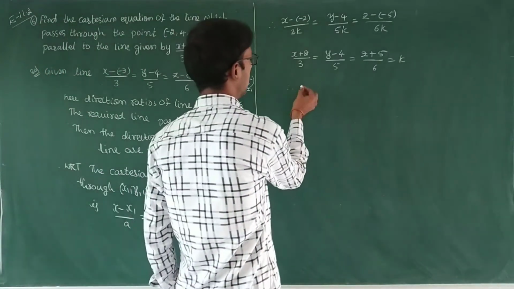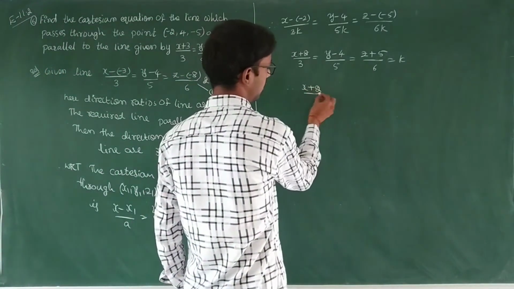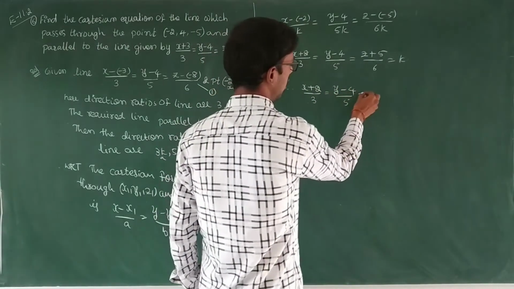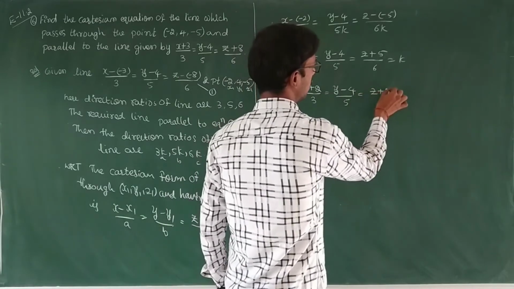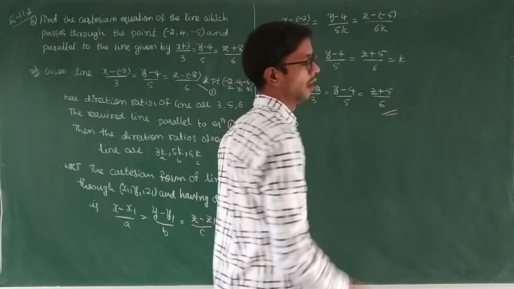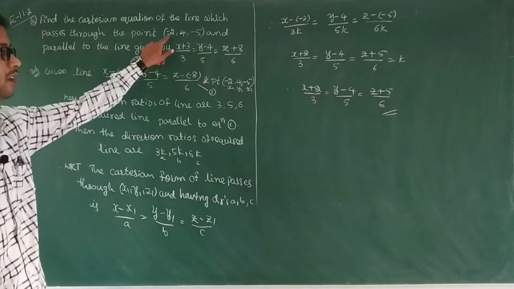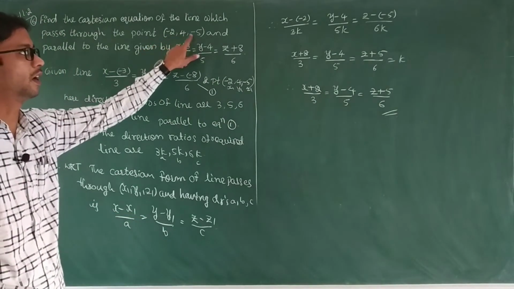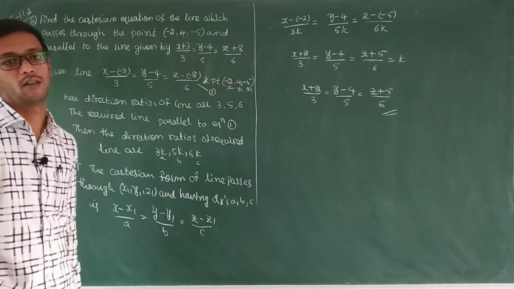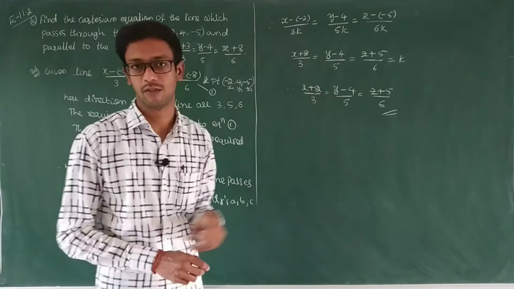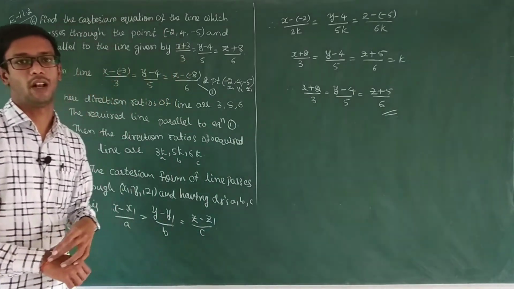Therefore, the required line equation (x+2)/3 = (y-4)/5 = (z+5)/6 is the Cartesian form of the line passing through (-2, 4, -5) and parallel to this line. Parallel lines mean the direction ratios will be the same or proportional.